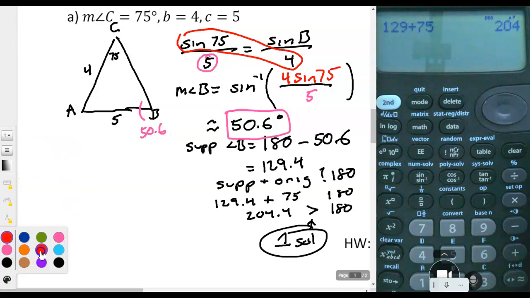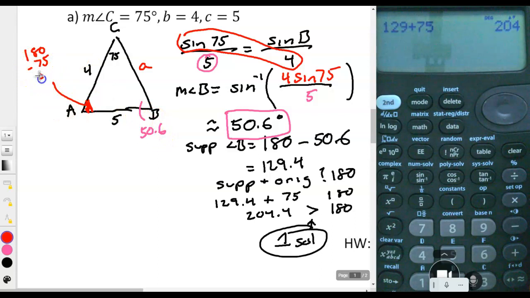So I still have to find out the measure of angle A, and find out what A is. So we got two more things to do. Of course, since we have two angles already, you can subtract 75 and subtract 50.6, and that will give you the answer. I think it comes out to 54.4, looks like. Yeah, 54.4.